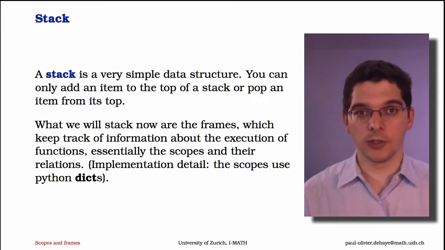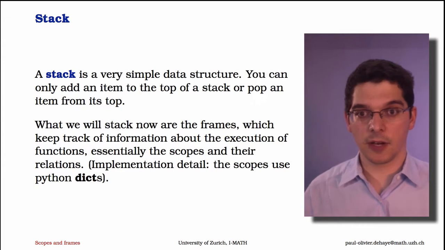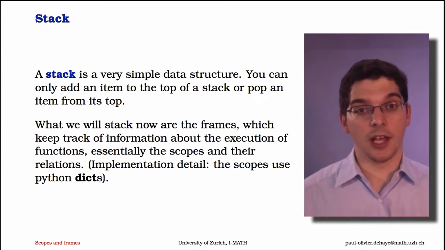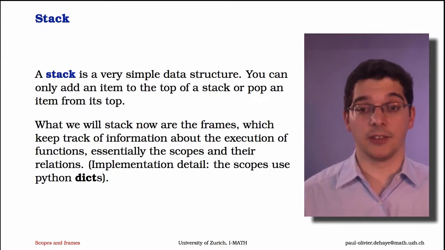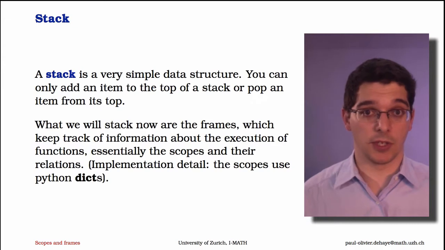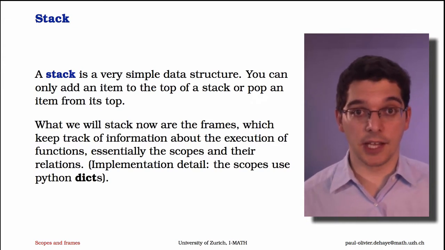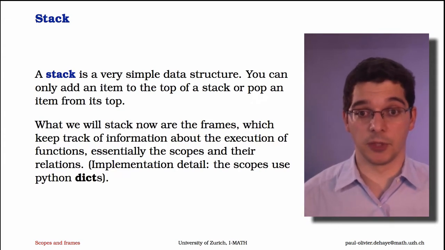And here we're using it. What are we stacking? Well, we're stacking the frames. And the frames keep track of the execution of the functions and the scopes and their relation. And each scope in Python is encoded using a dict. So it will be a dict of key value pairs where the key is the name and the value is the Python object.